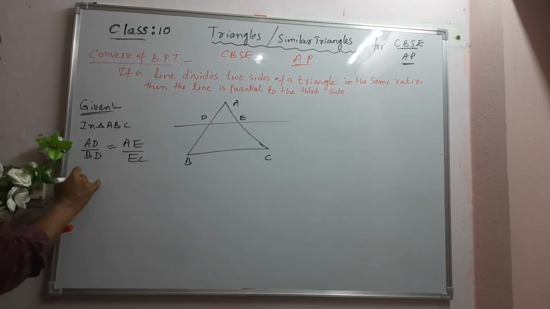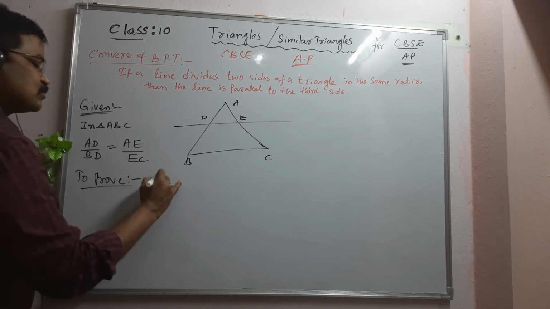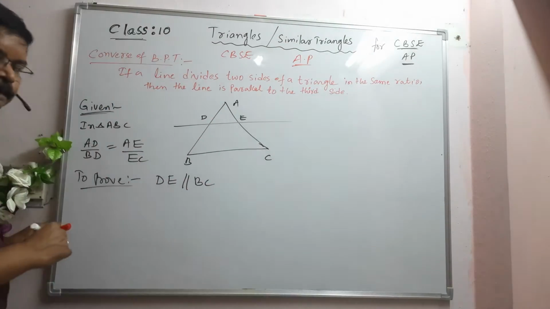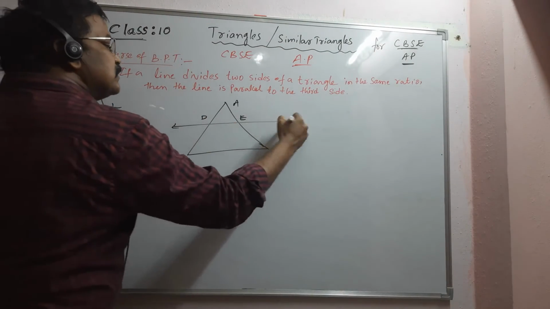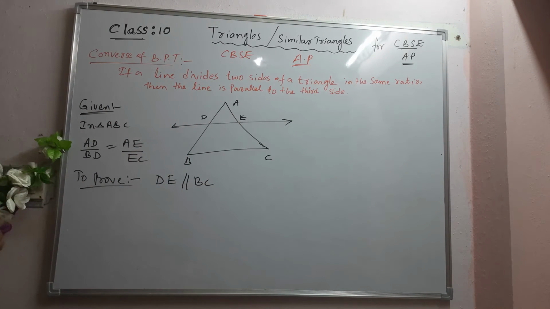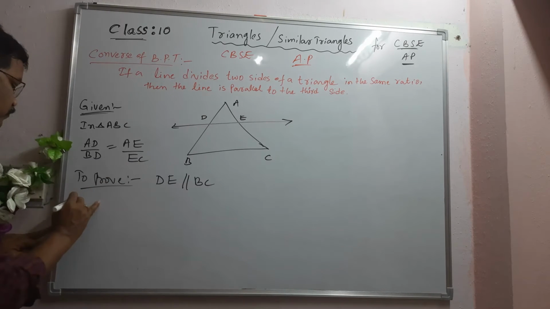This is given. What is to be proved here? To prove this DE is parallel to BC. This line is parallel to BC. Okay, good. Now coming to proof.